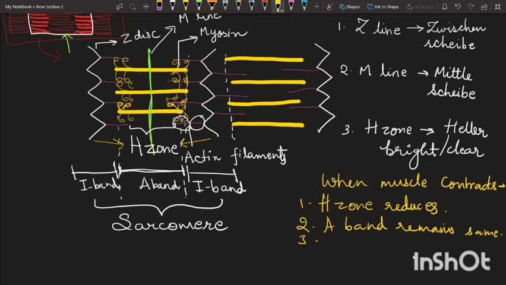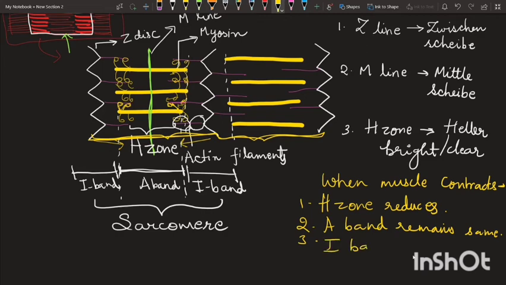H zone, A band. What will happen to the length of the I band? Now you have to imagine that when this sarcomere part is getting towards each other, it is getting pulled. During the same time, this part is also getting pulled. Both of the parts are getting pulled at the same time. So the I band, that is the non-overlapping part of actin, will obviously reduce.